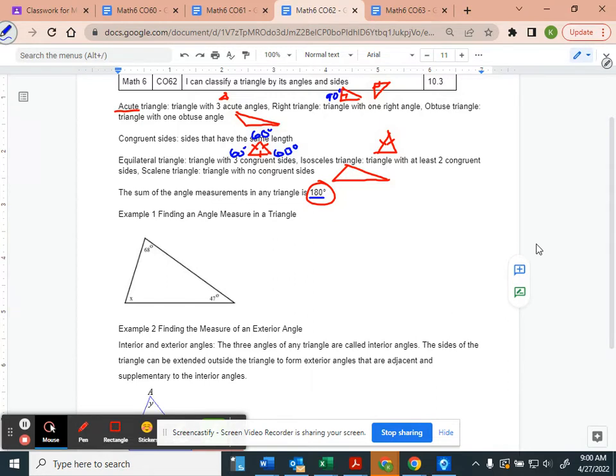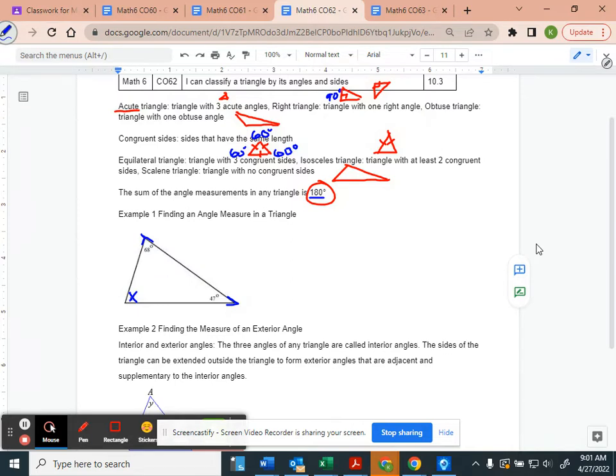So when we are trying to find a missing angle, I'm skipping ahead. I won't skip ahead. So finding an angle measure in a triangle. If we know that one angle is 68 degrees and another angle is 47 degrees, how do we find angle X? What do you think we do, Peyton?